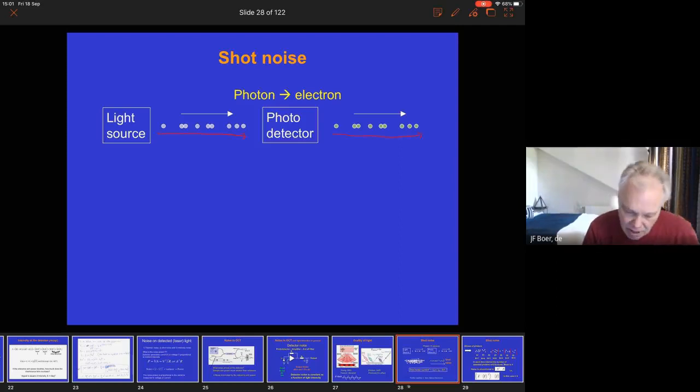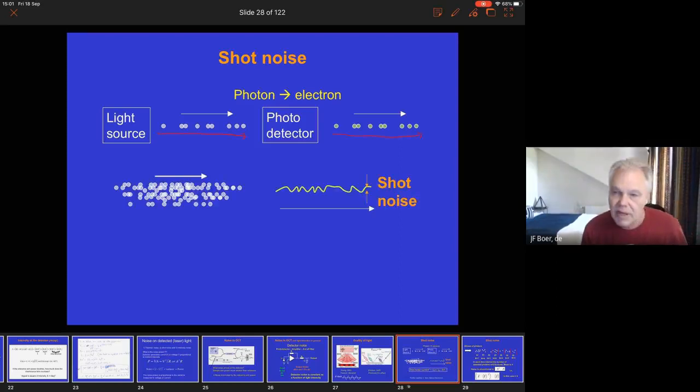And it's this particle behavior that actually leads to a noise term, because I can look at my stream here of electrons and plot basically the current. And what I see is that that current fluctuates a little bit, depending on how many electrons are in this block versus the second block versus the third block.